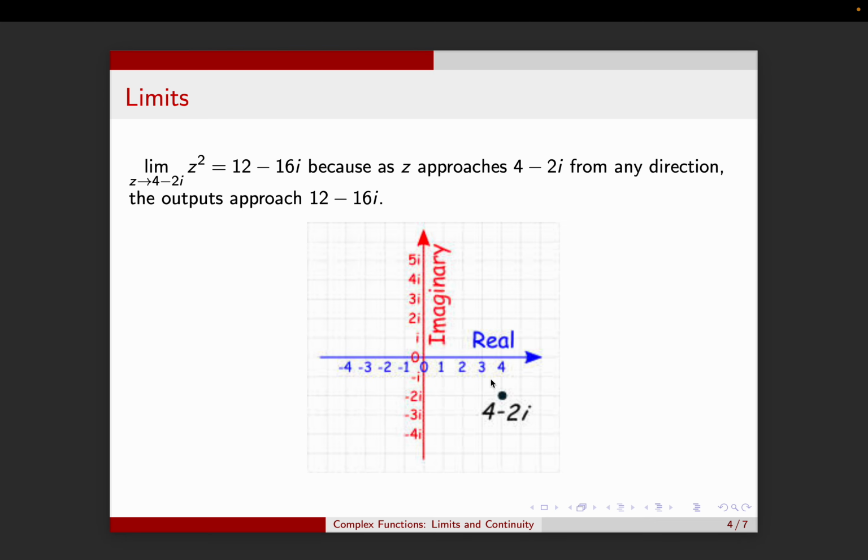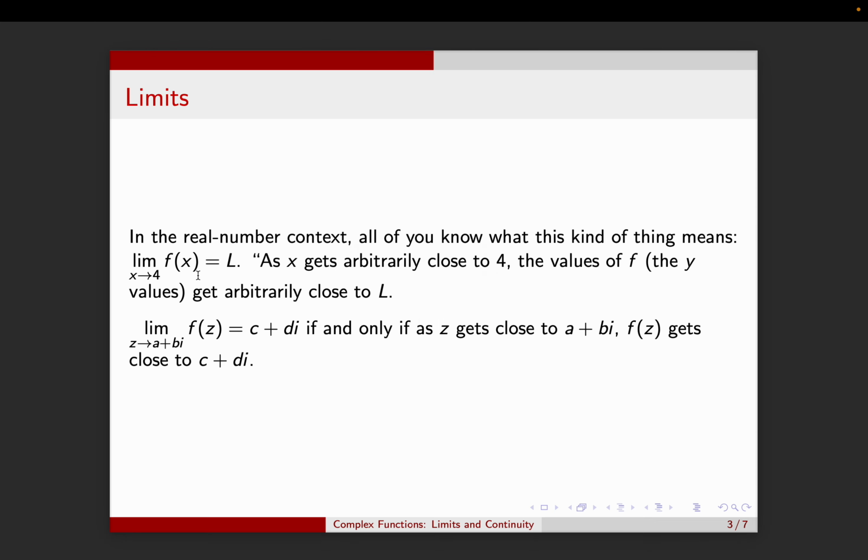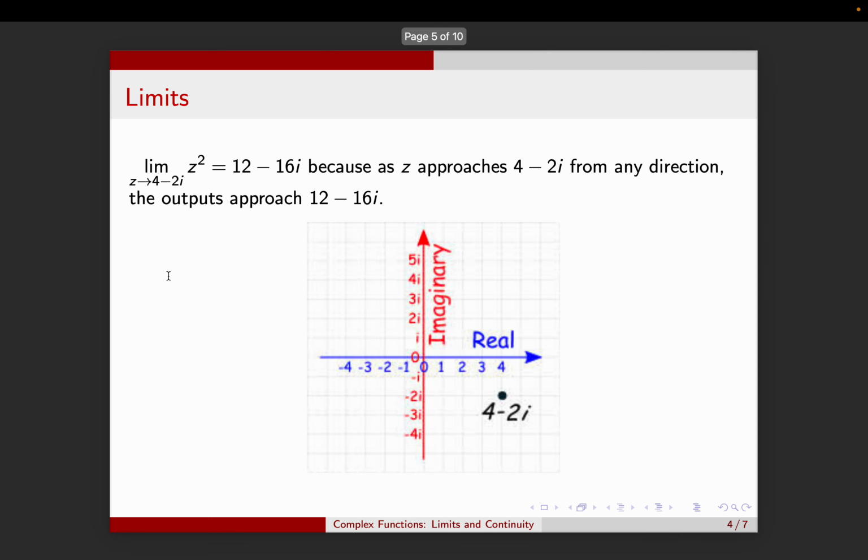The one wrinkle now, though, in contrast to the Calc 1 setting, letting x get really close to 4 in a single variable setting, you're just on the x-axis. So you can approach 4 from the left or the right, but there's no other way to approach 4. In a situation like this, where 4 minus 2i is sitting in the complex plane, you can walk towards 4 minus 2i from a bunch of different directions. You can come in from the north, come in from the south, from the west.